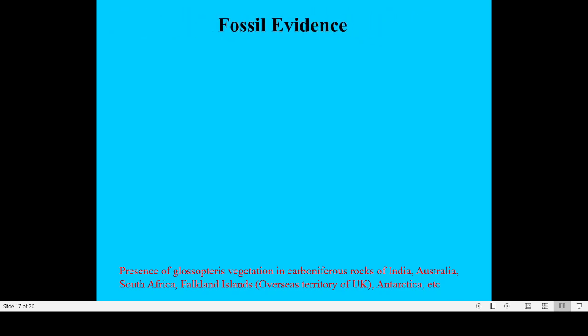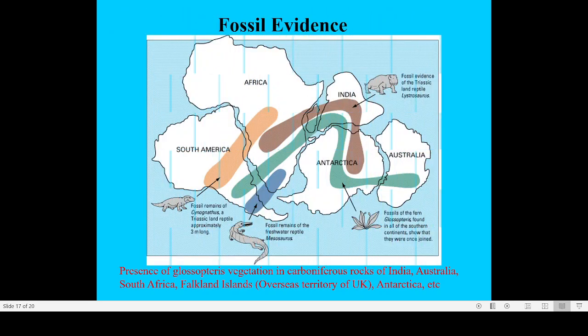Now another is the fossil evidence. There is the presence of Glossopteris, a vegetation present in different parts of the world. This is a fossil fern. We have remains of this Glossopteris from all the southern continents. That shows that once they were all joined together as Gondwanaland.